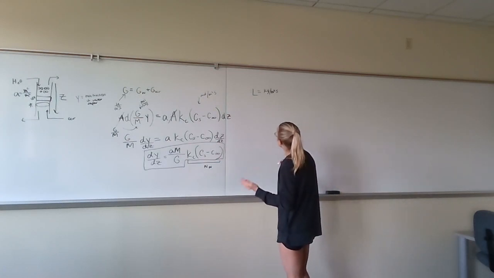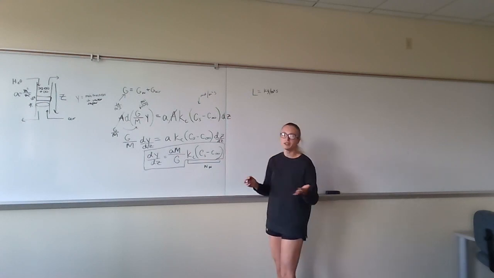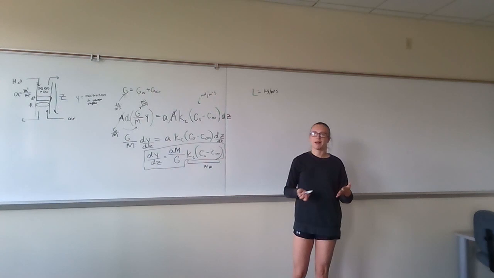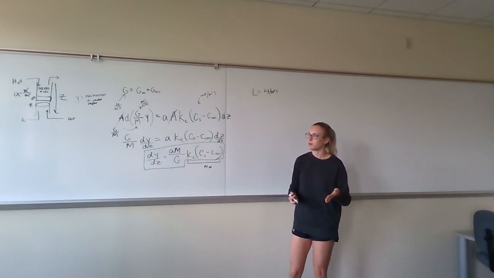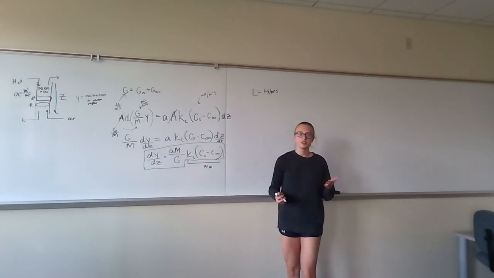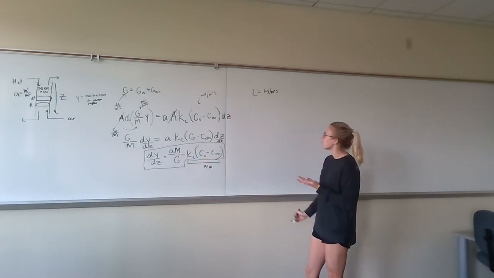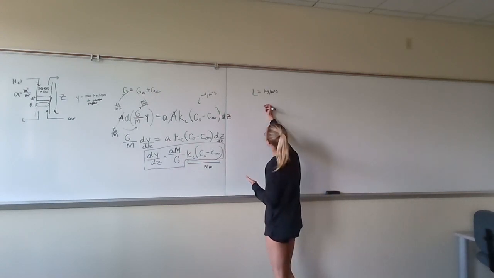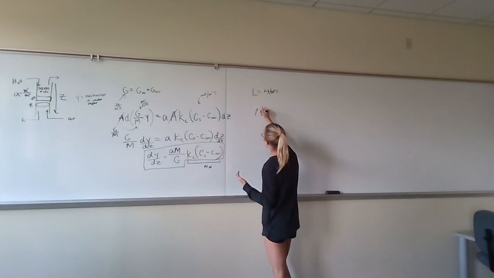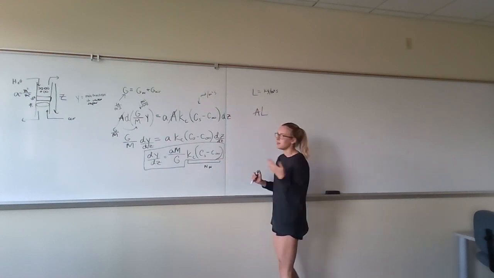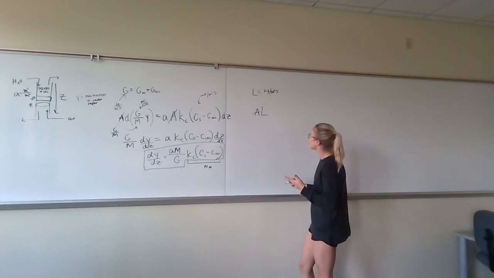So after we've done this, when we're talking about change in temperature, the first thing that comes to mind is an energy balance with respect to enthalpy. So I can first solve for the enthalpy of the liquid water by saying that the mass flow rate of the liquid water times the area gives us the mass flow rate, so the kilograms of water flowing through the column per second.